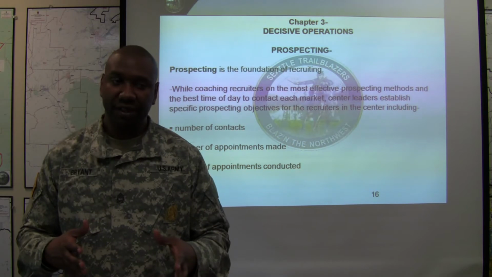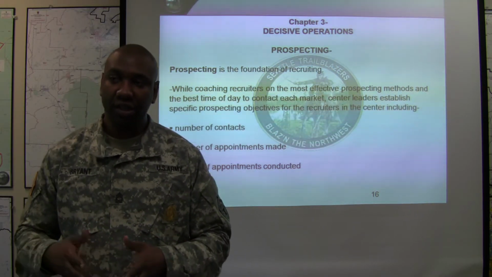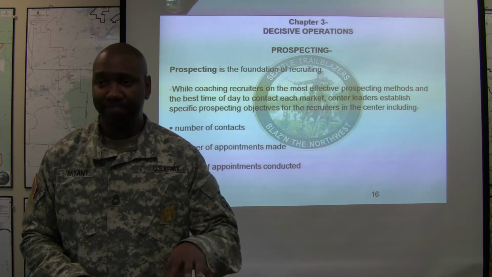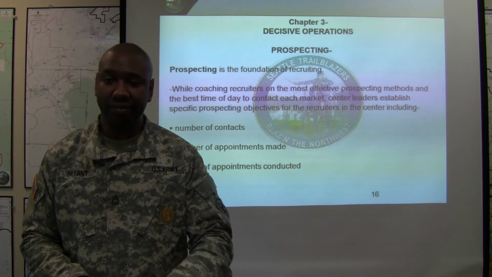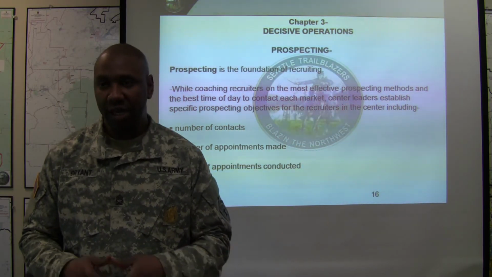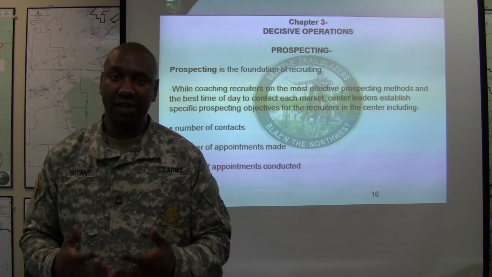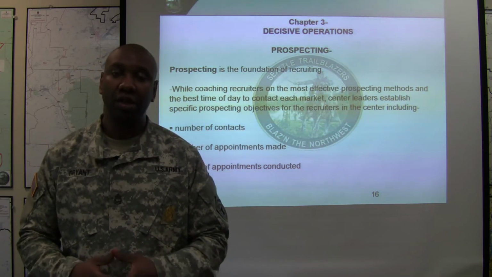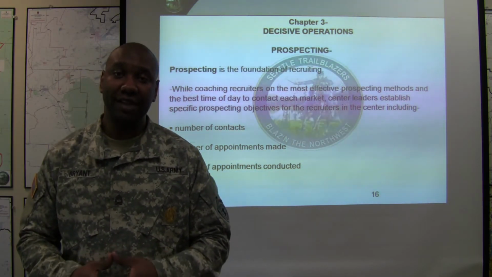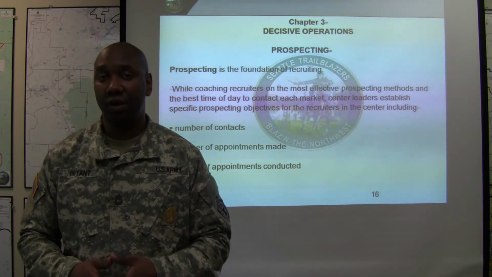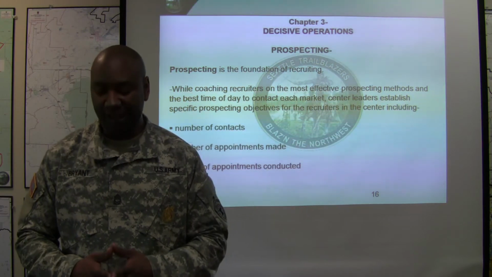Okay, I have X number of recruiters. We want to have 100% contact by, let's say, 1 June. Okay, how many new contacts do I have to make to achieve that goal? So I would give each recruiter a number of contacts that they're going to have to make per day. That's going to be their goal. Okay, that's how we achieve that.